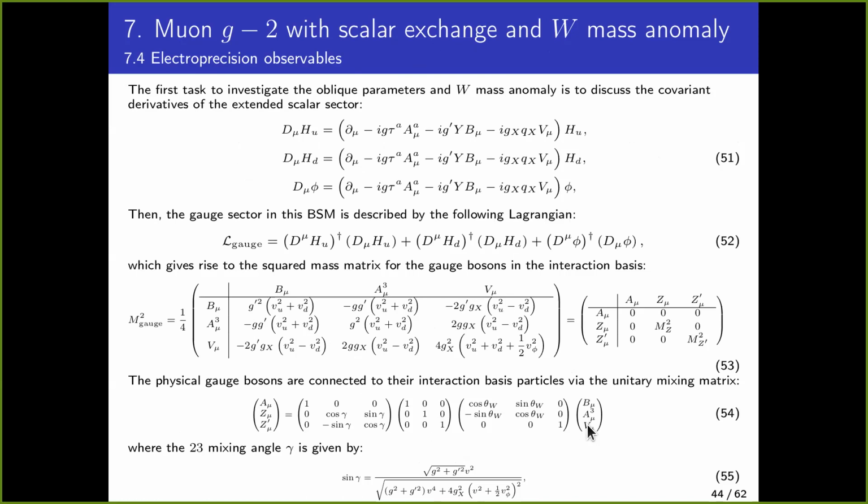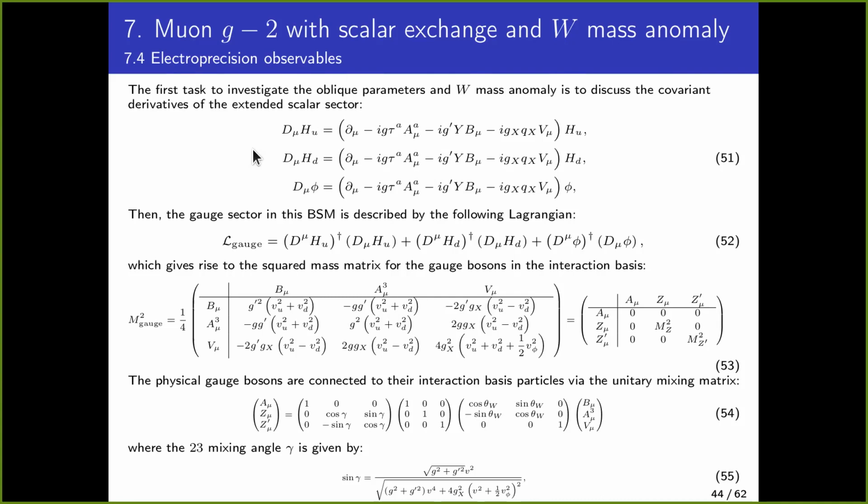And then we want to cover the electroweak precision observables, which are the oblique parameters T, S, U, and the W mass anomaly, because the W mass anomaly can be explained in terms of these oblique parameters.